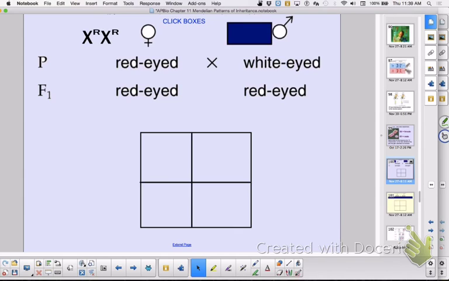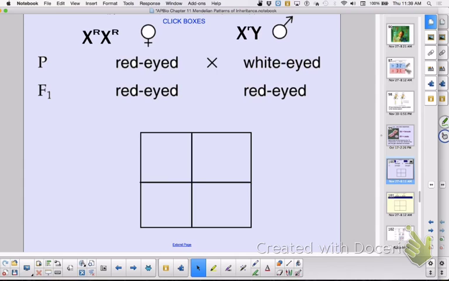We don't have big X's and little X's. X little r, Y. You're always going to put your letters on top of that X chromosome, and you don't have to worry about the Y.